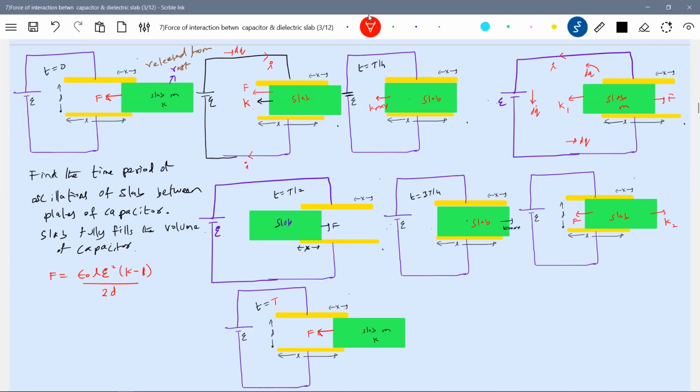Some good conceptual questions will be asked, that's why I'm showing all the diagrams, charge flow, everything.